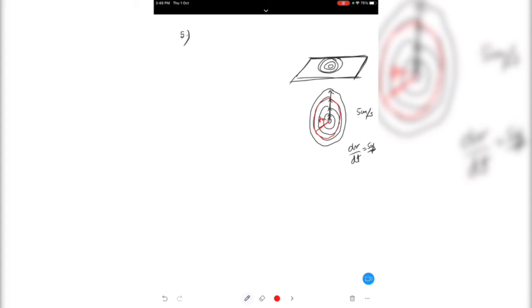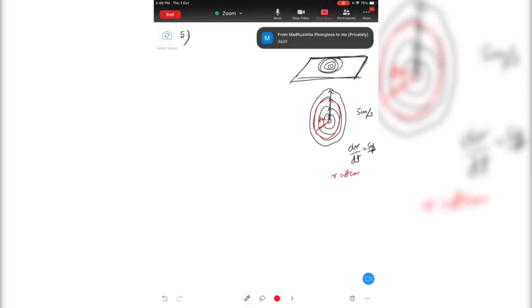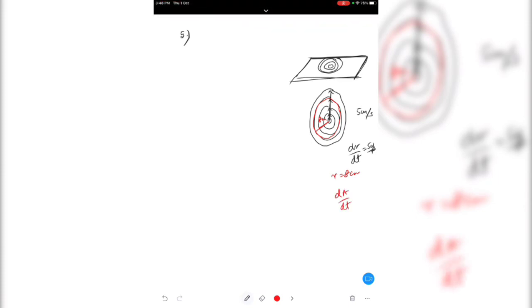Now tell me what they have asked you to find. At one particular point, the radius of the wave is 8 centimeter. So you have to find how fast the area of the wave is increasing. Can anybody tell me what they have asked you to find? The radius is given 8 centimeter. Very, very good. They have asked you to find dA/dt.